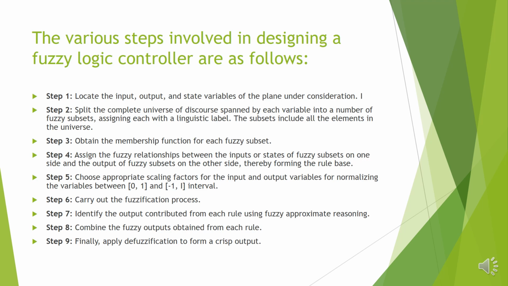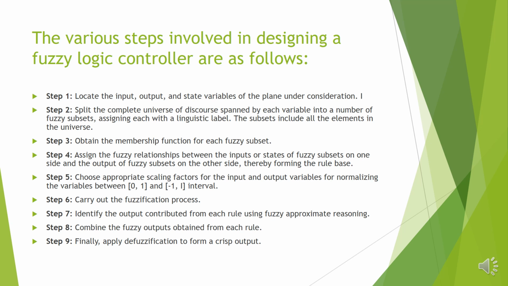Step one is to locate the input, output and state variables of the plant under consideration. Then you split the complete universe of discourse spanned by each variable into a number of fuzzy subsets, assigning each a linguistic label. You also obtain the membership function for each fuzzy subset.